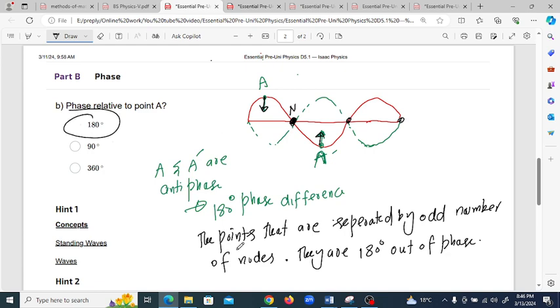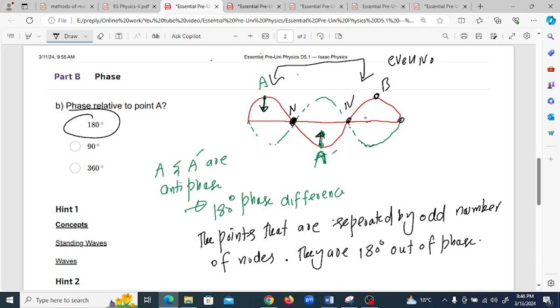Similarly, if the points are separated by an even number of nodes, meaning 0, 2, 4, for example if we compare with another point here, this point B, if you compare A and B, they are the same. They have no phase difference, because they are separated by an even number of nodes.